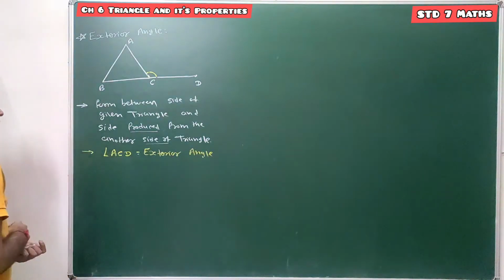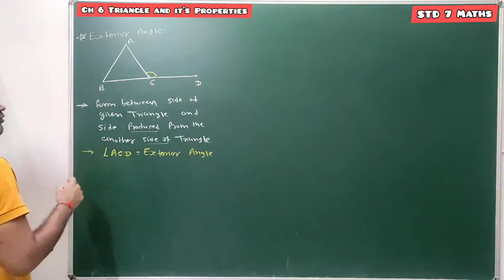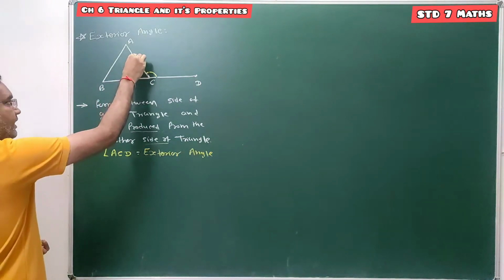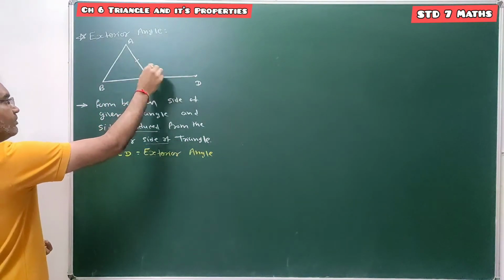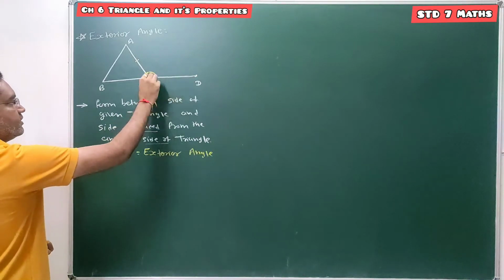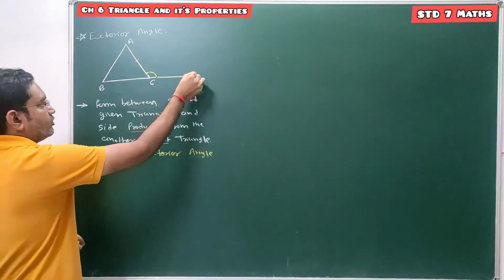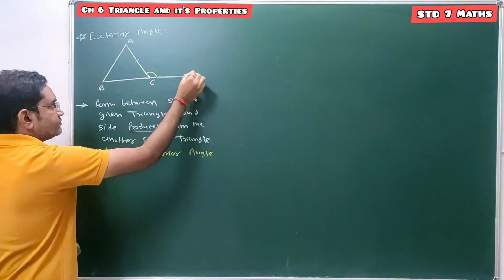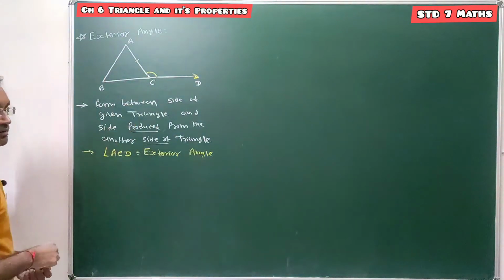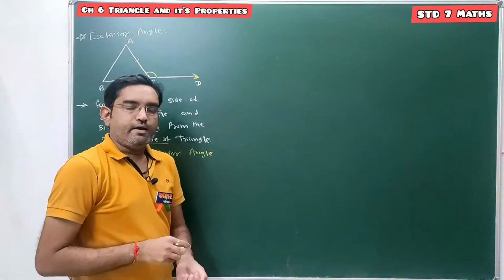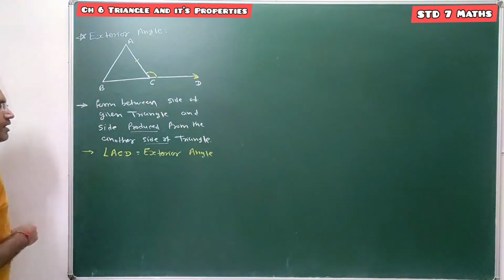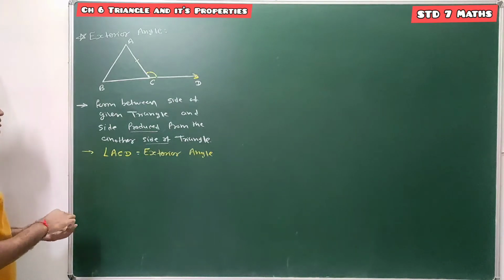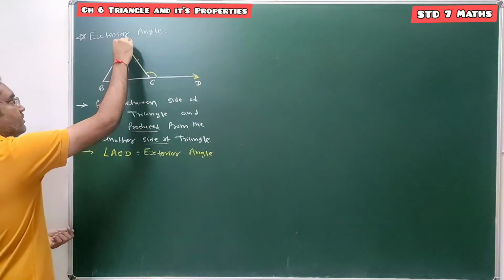The exterior angle of triangle ABC is the angle formed between one side of the triangle and another side which is produced from another side of the triangle. So this side CD is the produced side from side BC of triangle ABC. Clear, students?